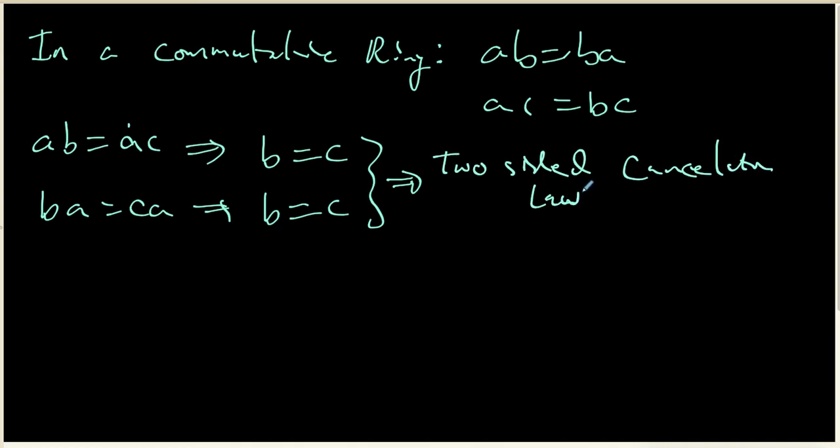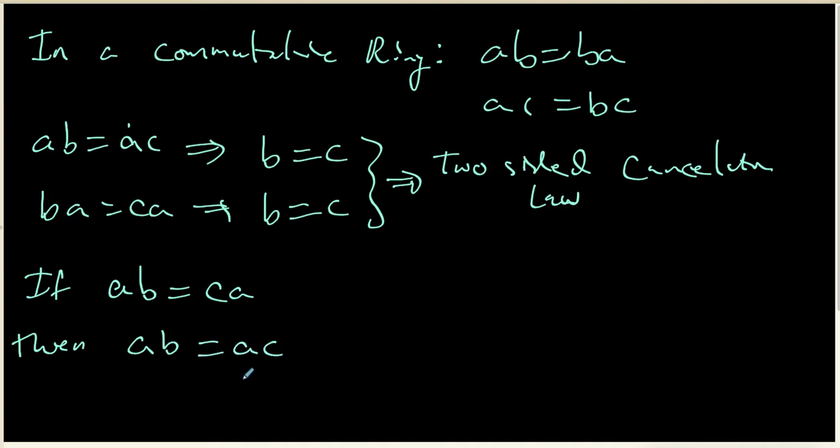And what I mean by that is if we have AB is equal to CA, then we can formally rewrite the right-hand side as AC, and then we can cancel those A's to get B is equal to C as long as A is known to not be 0.